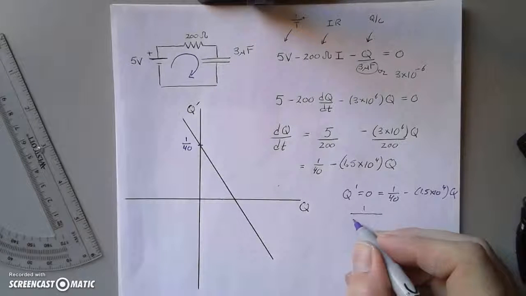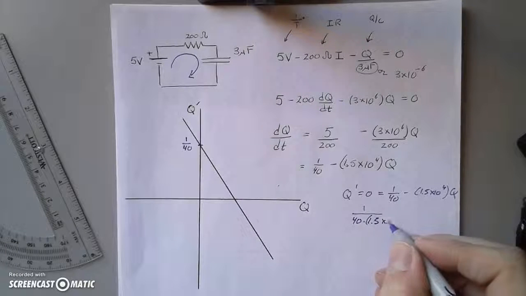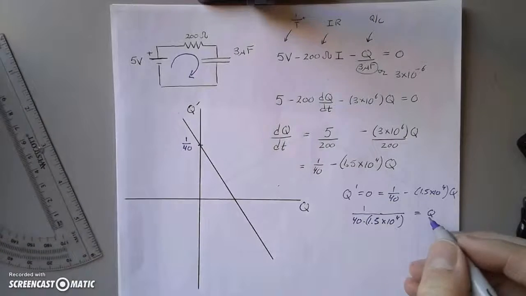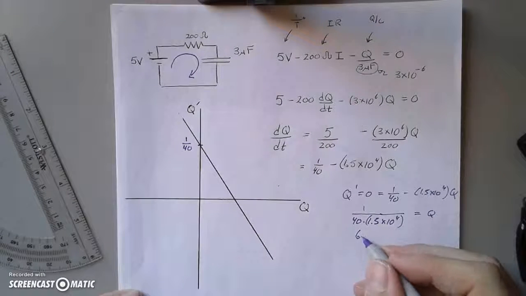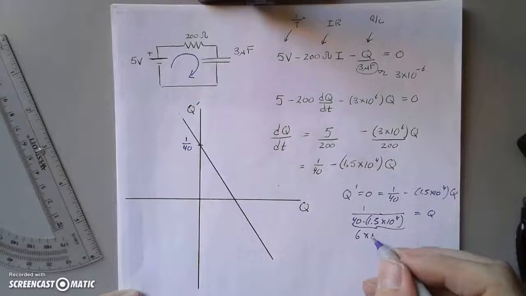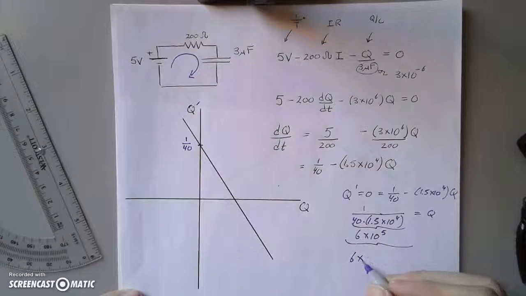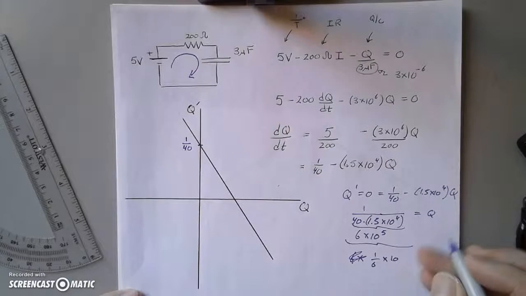So it's 1 over 40 times 1.5 times 10 to the 4 equals Q. 4 times 1.5 is 6 times 10 to the 5th, so it'll be 1 over 6 times 10 to the minus 5th.